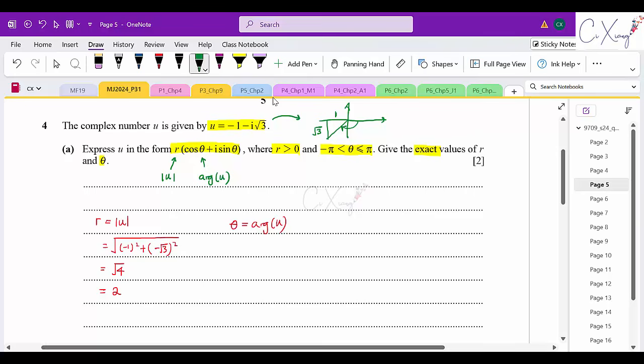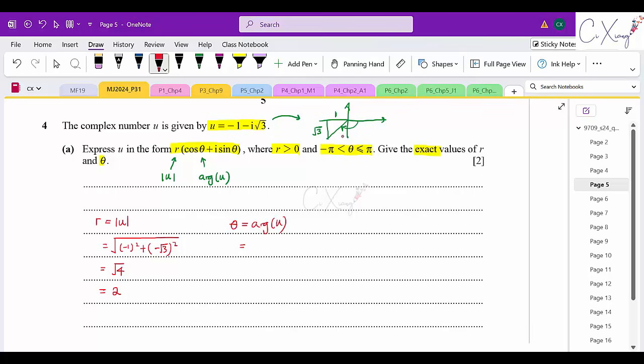So I have to take pi minus the basic angle inside the triangle. This is what we need to do. Because we measure the angle from the positive x direction in a clockwise direction, any angle measured clockwise should have a negative value.